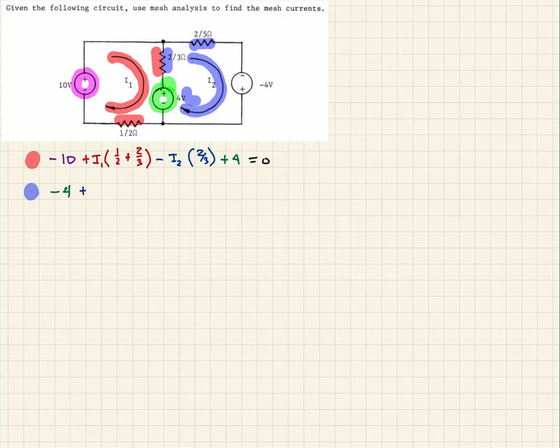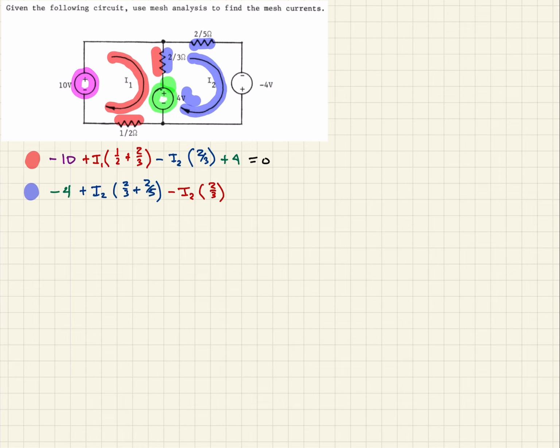So then we could say I2 times 2/3 plus 2/5. But then we note that the 2/3 resistor also has the I1 current going through it, and it's going against us. So it's I2 times 2/3.